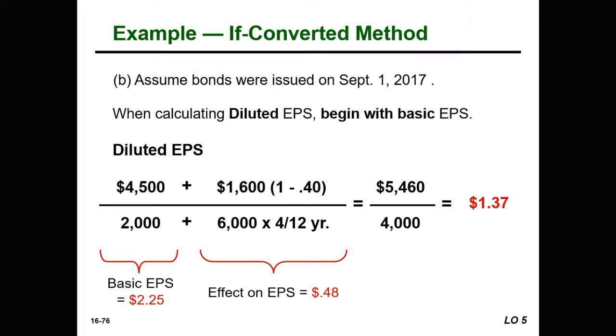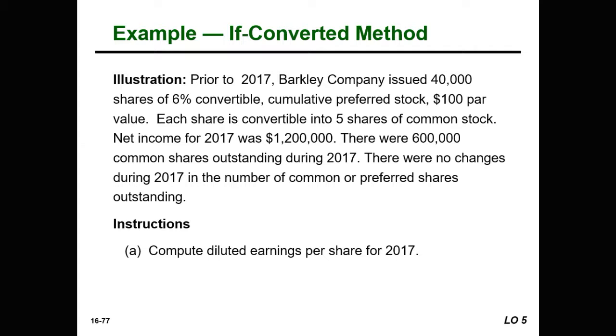So I'm going to go ahead and give you one more example. Here we have Barclay. Prior to 2017, they had issued 40,000 shares as 6% convertible cumulative preferred stock, $100 par value. Each share is convertible into 5 shares of common stock.